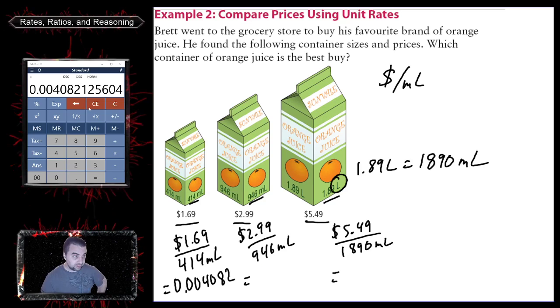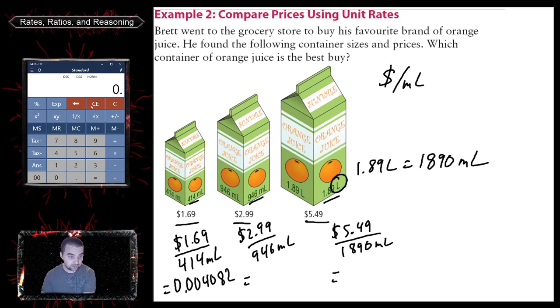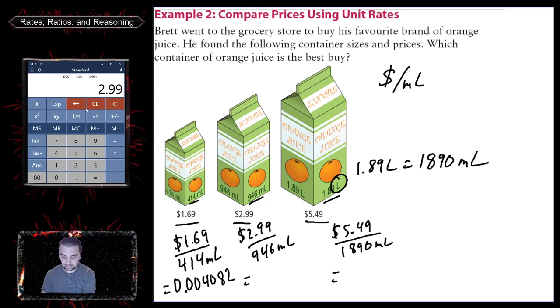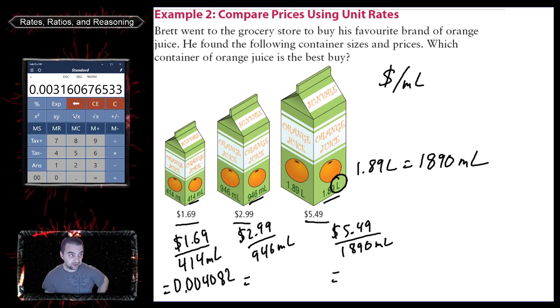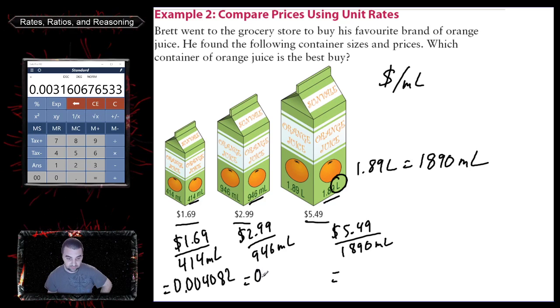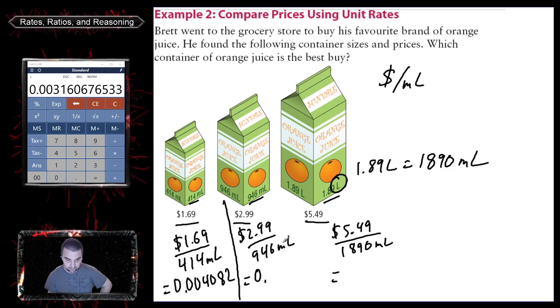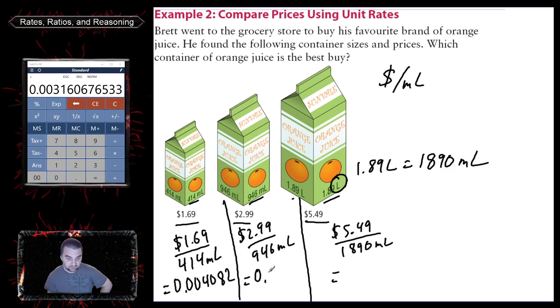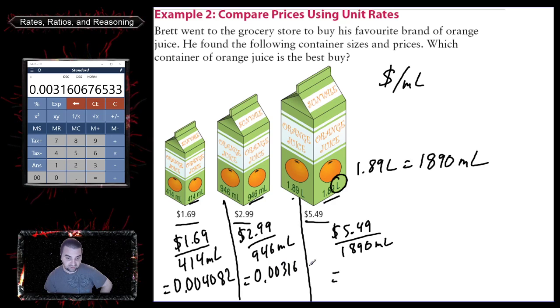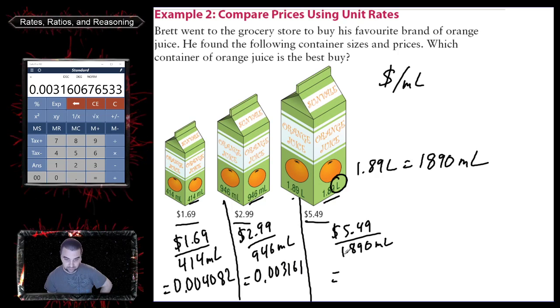I'm going to put a couple extra in there just because we're going to be comparing really small ugly numbers. Okay, the next one, I have 2.99 divided by 946, and that gives me 0.003161.